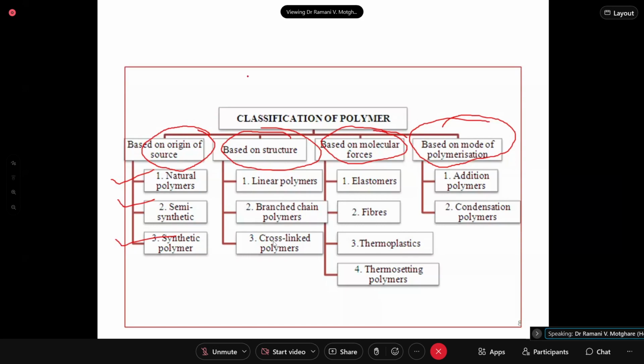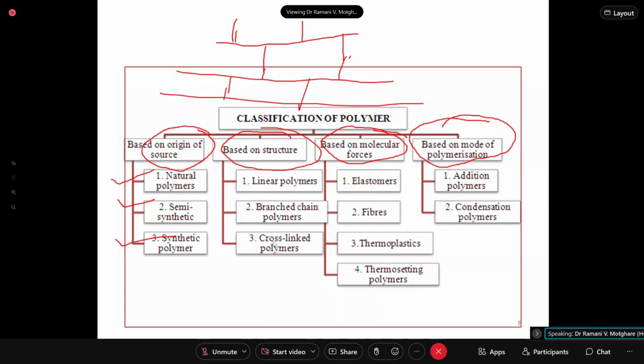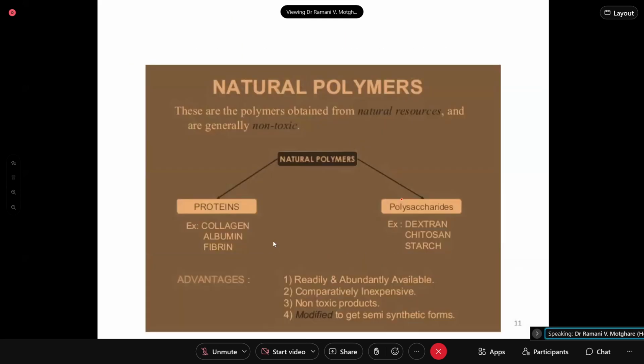Then linear polymer if the molecule is straight, branched polymer if you have branching on the sides with certain functional groups, and a highly cross-linked or three-dimensional polymer is another type. Then you have elastomers, fibers, thermoplastic, and thermosetting polymers. Then based on polymerization, you have addition and condensation polymerization. The examples are given further. What is addition and what is condensation polymerization should be seen.